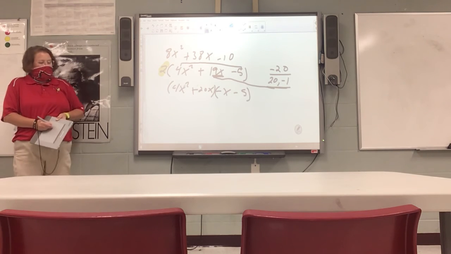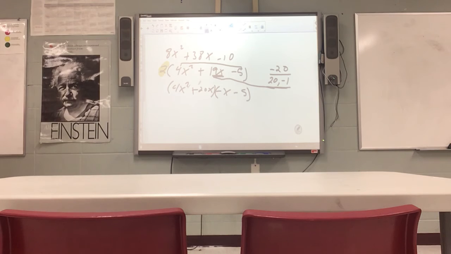What's the GCF of your first group? 4x. So what's left in that parentheses if you take that 4x out? X. X, what else? 5. Positive 5. Okay, so what am I gonna do to this second one that will also leave me with a positive x and a positive 5? What can I take out of that? Negative. Good.